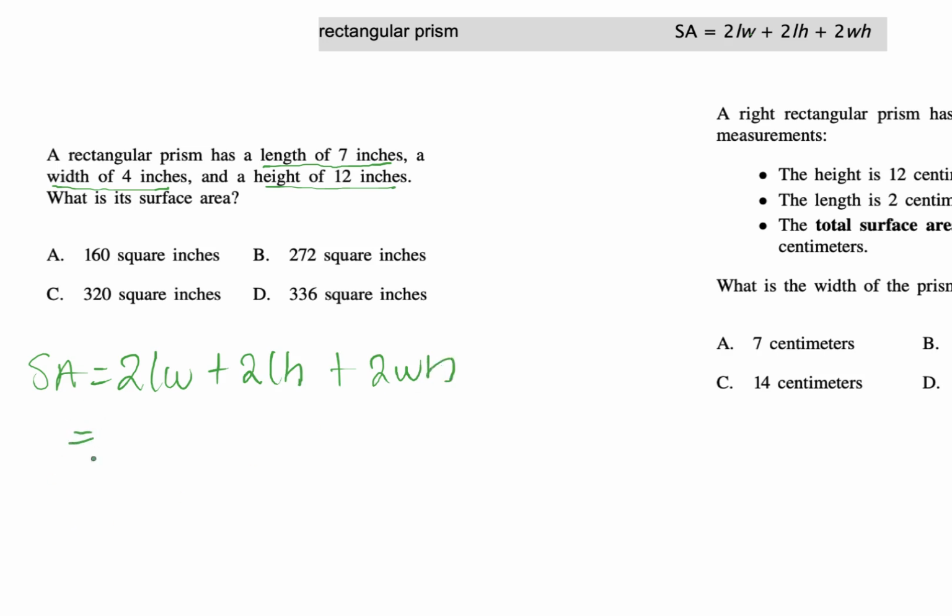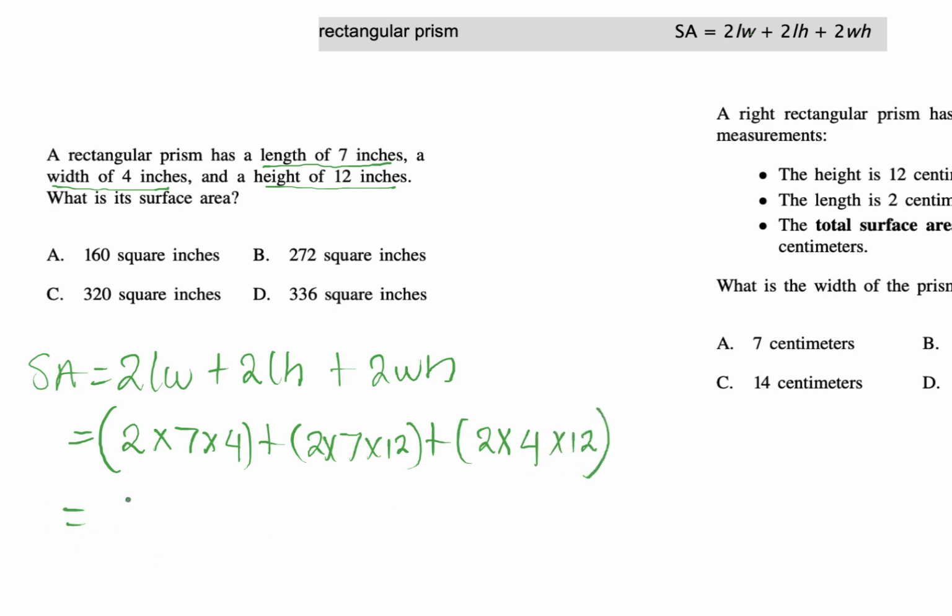And we're just going to replace L, W, and H by their numerical values. So this is 2 times 7 times 4 plus 2 times 7 times 12 plus 2 times 4 times 12.